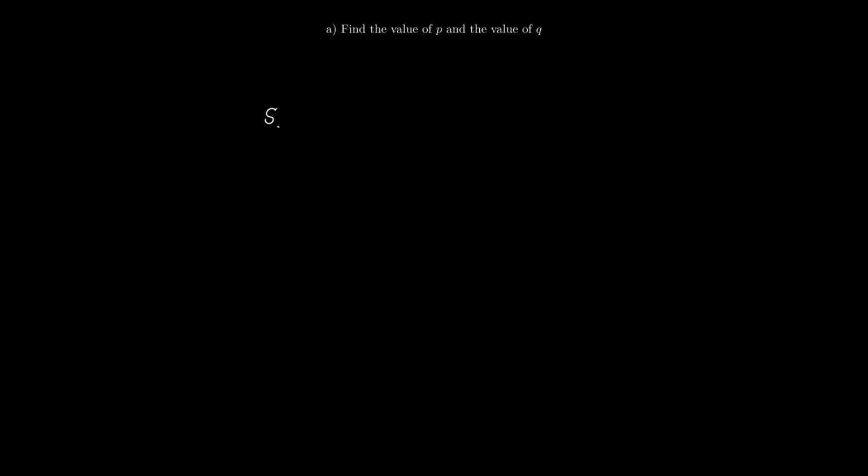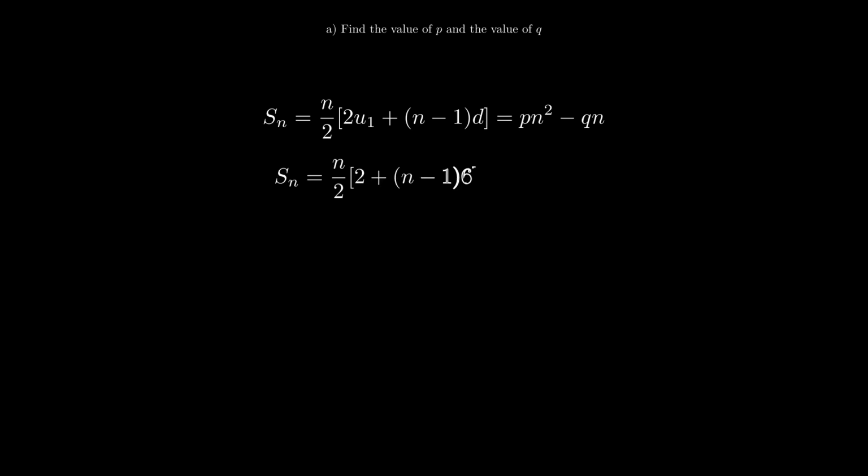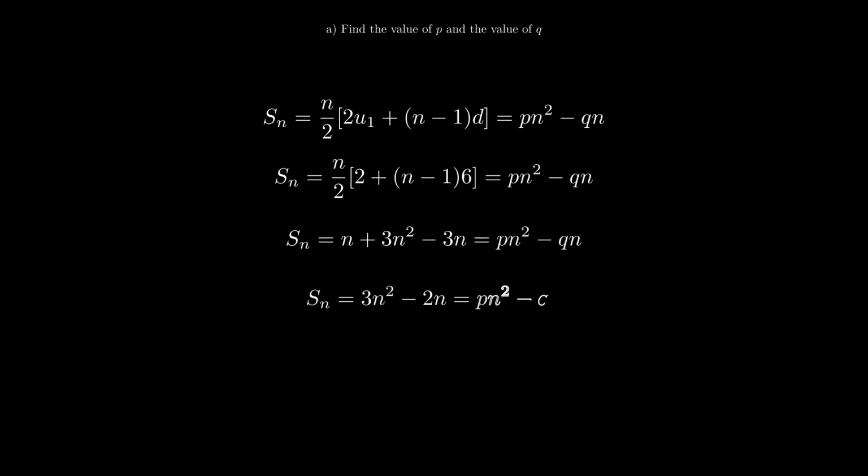We can then set this general form of the equation equal to the equation that was given to us, pn squared minus qn. We can fill in the values for u1 and for d that we have just calculated, and you can eventually see that 3n squared minus 2n is equal to pn squared minus qn. So very quickly you can see that p is equal to 3 and q is equal to 2.